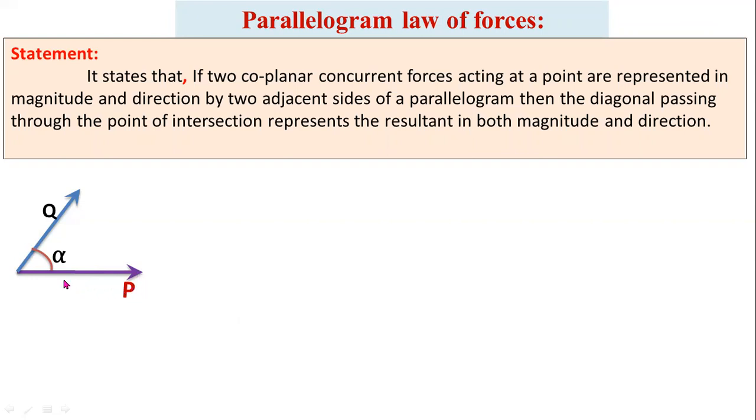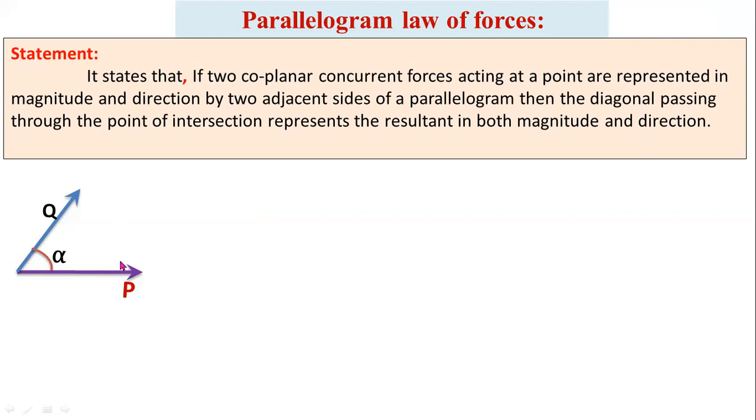The magnitude of this horizontal force is P, and another force makes an angle alpha with respect to the first force. So alpha is the angle between two forces, and Q is the magnitude of the second force. Now we have to determine the resultant for these two forces.